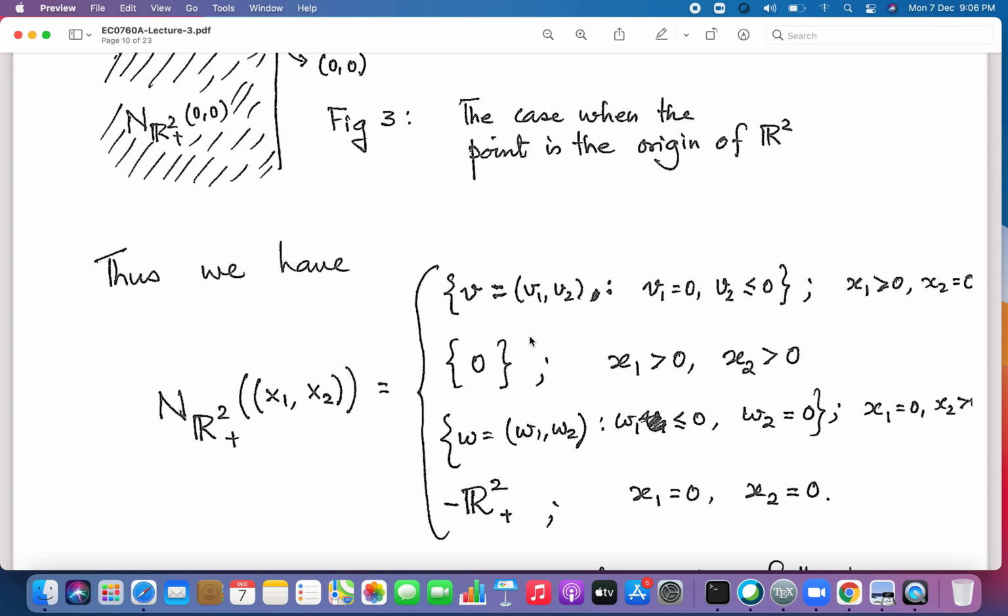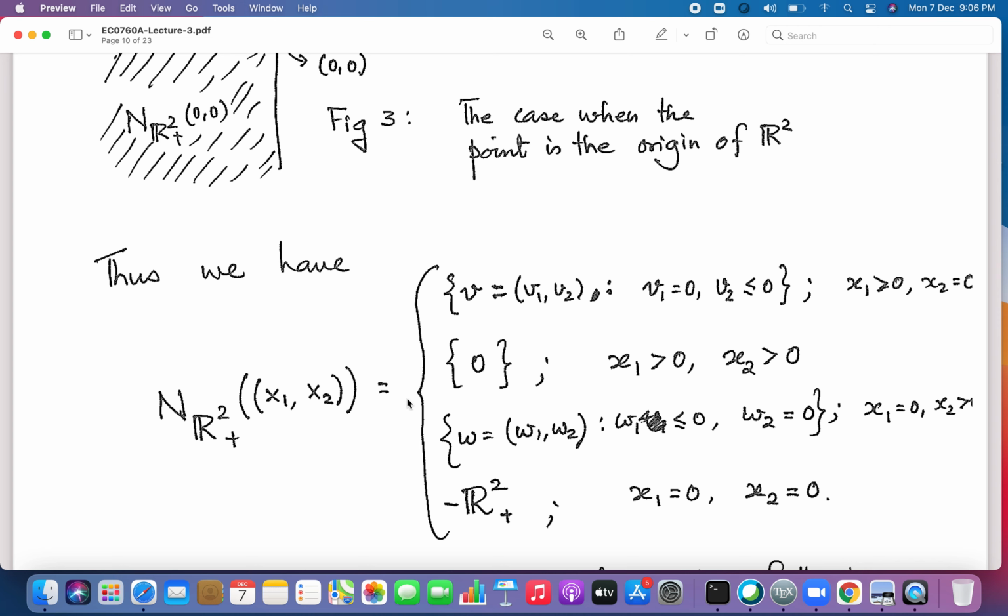What is emerging here? When x1 is strictly greater than 0, the corresponding value of the normal cone vector is 0. This is only for Rn plus type sets, and for R2 plus. When x2 is equal to 0, then v2, the corresponding part in the normal cone vector, is less than equal to 0.